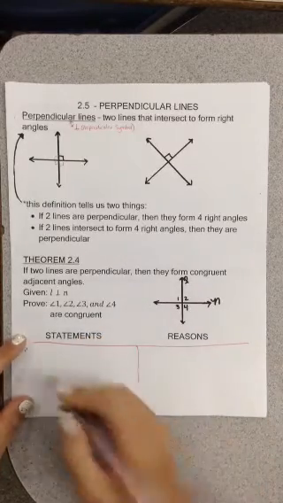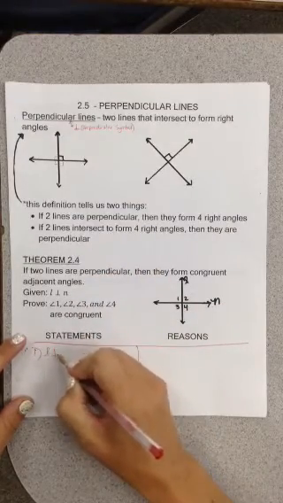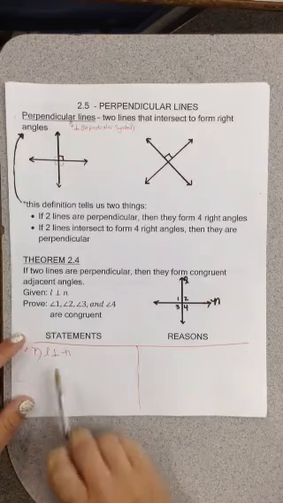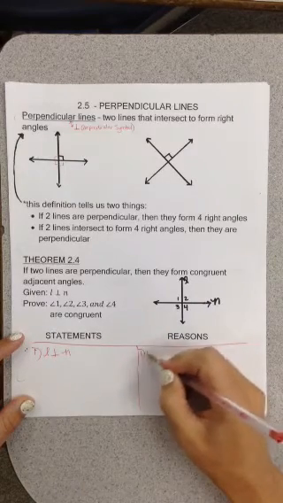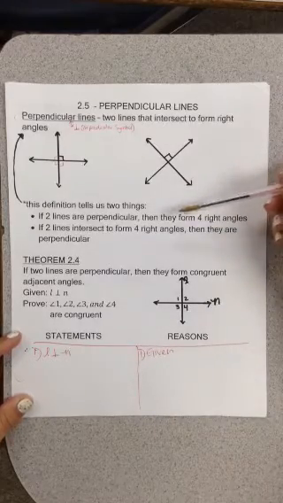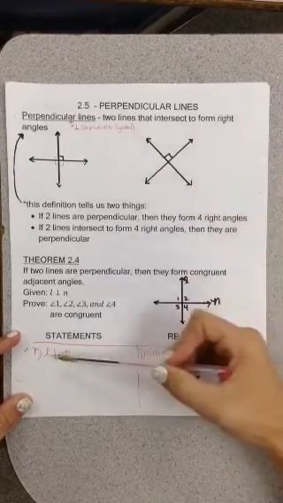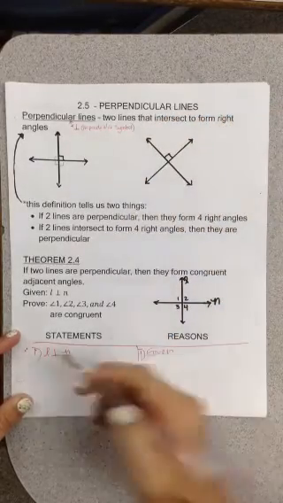the definition. So we want to start our first statement as our given information. So line L is perpendicular to line N. So you guys see it using the shorthand of perpendicular. Our reason is given. Now I'm going to use the definition of perpendicular lines. It told me if I know two lines are perpendicular, then they form four right angles.